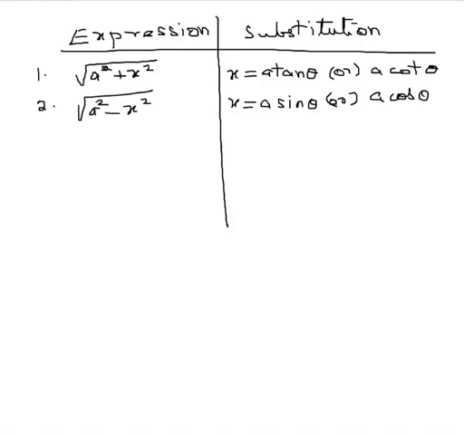We have identities, right? That's why. Similarly, for the first one, we have identities for 1 plus tan square and 1 plus cot square, and the root can be removed after using the identities. We can simplify the functions. If the function has root of x square minus a square, substitute x as a secant theta or a cosecant theta.